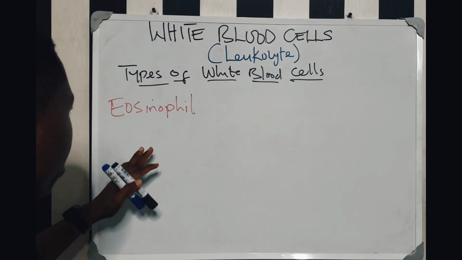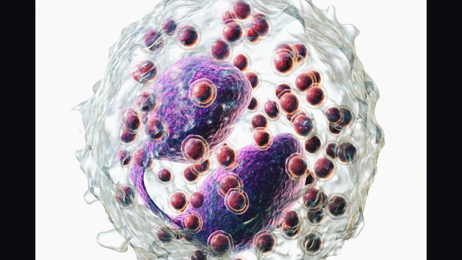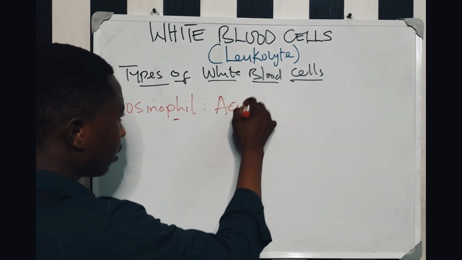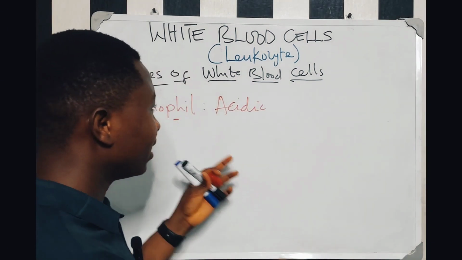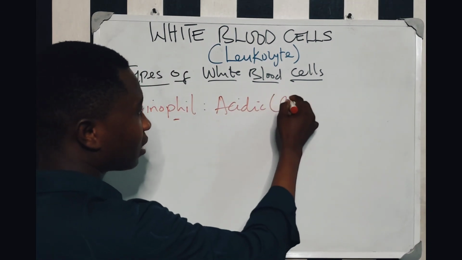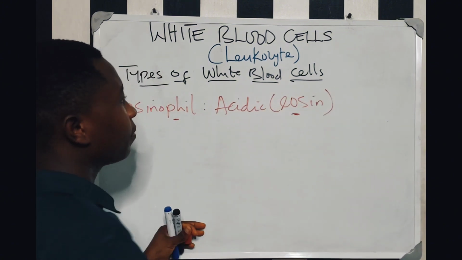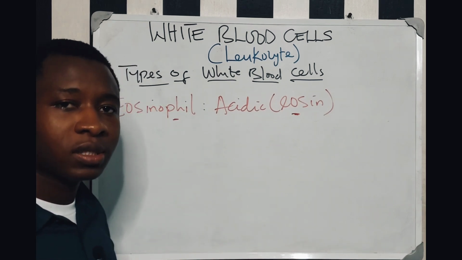Another type of white blood cell we have is the eosinophil. The eosinophil is called eosinophil because the contrast is better when it is stained with an acidic dye. The granules show better when stained with an acidic dye known as eosin. So this is an acidic dye that stains the eosinophil and increases the contrast.